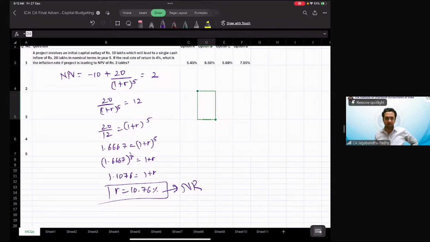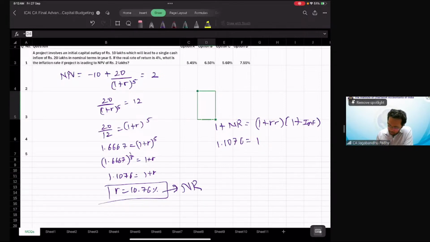That's the nominal rate. Now, once we have the nominal rate over here, can I say 1 plus nominal rate is nothing but (1 plus real rate) into (1 plus inflation), right? So 1 plus nominal rate, 1.1076, is equal to 1 plus real rate, which is 4%, so I can make it as 1.04 into (1 plus inflation rate).